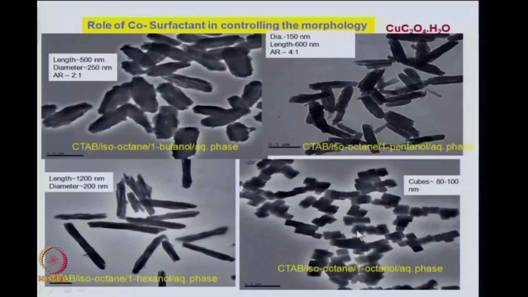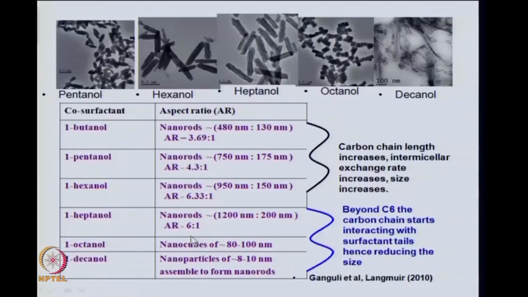So, there is an optimal chain length of the co-surfactant and it appears to be 6 carbon is an optimal size, and we have seen that if you increase beyond hexanol, then the aspect ratio starts to become less, and then in octanol and decanol, which are the very large chain co-surfactants, 8 carbon and 10 carbon, they become more uniform and nanocubes and nanoparticles start forming.